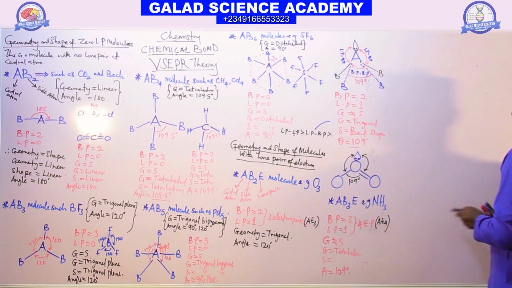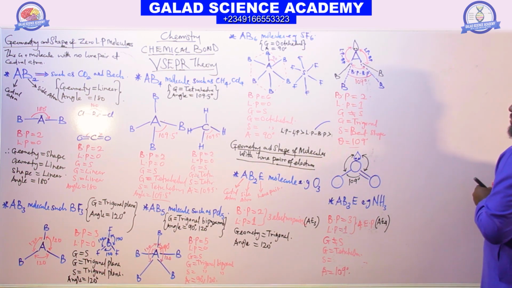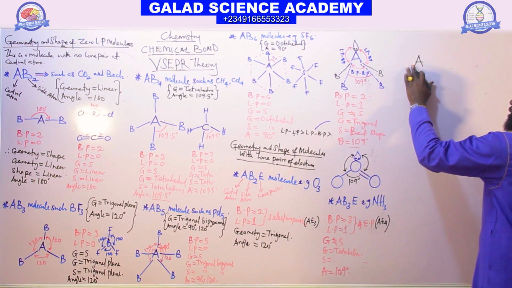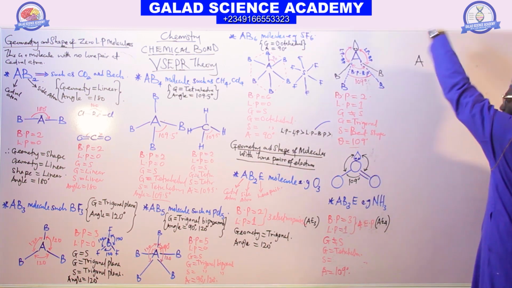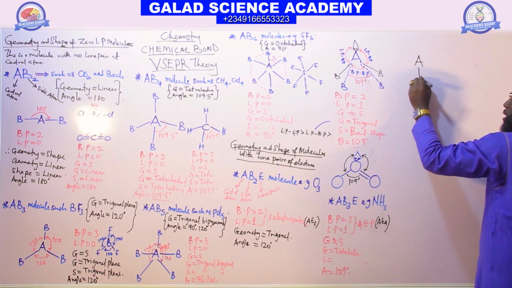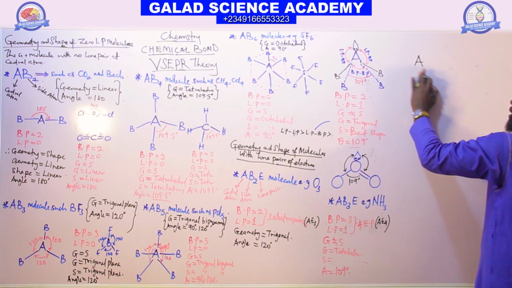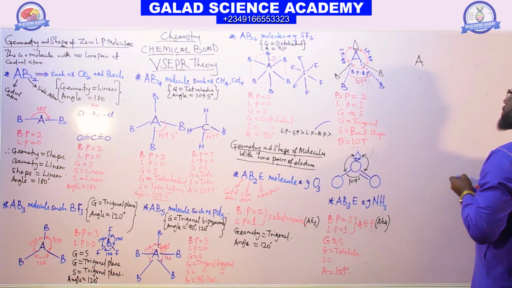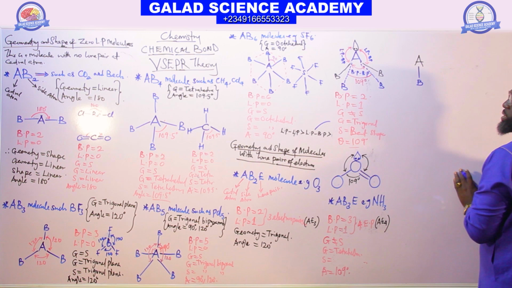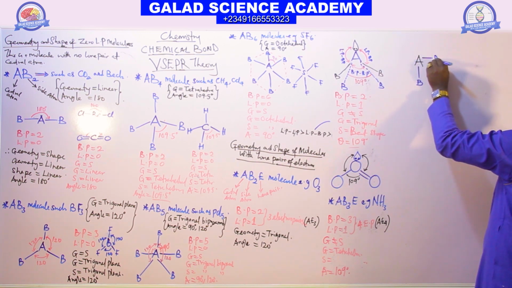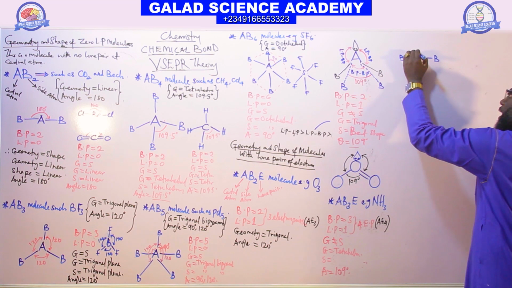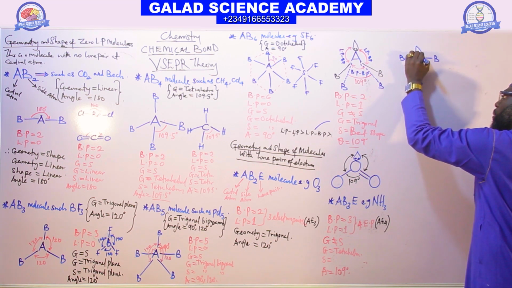Let's draw the structure. We have A, and we add 3B. So this is A. We have the first B, this is the second B, this is the third B. And here we have a lone pair.